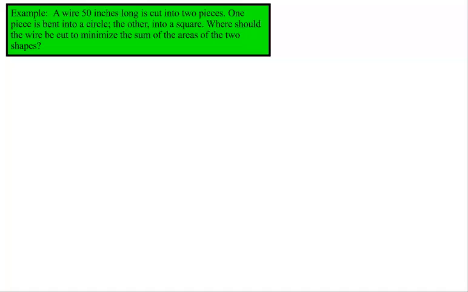Let's work an additional example. A wire 50 inches long is cut into 2 pieces. So we have a wire that is 50 inches long. It's cut into 2 pieces. Let's say here is the cut.